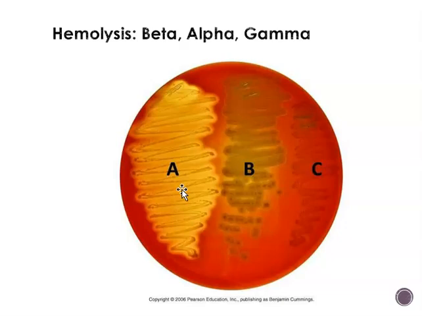In the middle here is alpha hemolysis. The little tiny dots are the colonies themselves, and around the colony is that brown to greenish color. Over here in C, no hemolysis has occurred, no breakdown of the red cells, so all you see is just the organism on the plate.